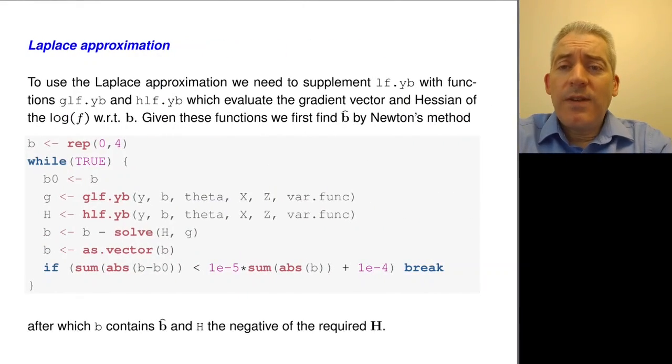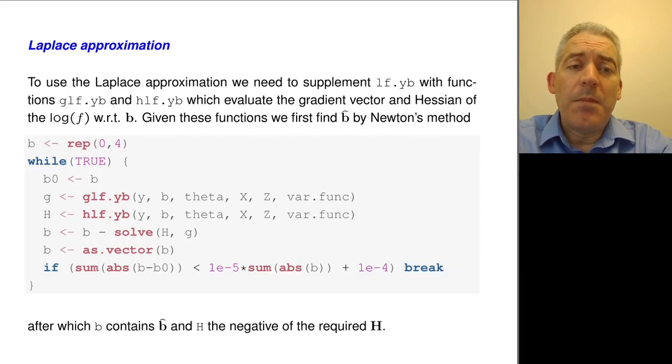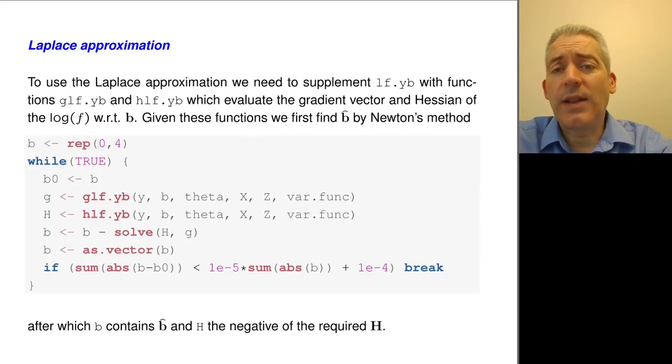All right, so leaving quadrature, the other thing we said, especially as the dimension increases, is that we might want to get some analytical approximation to the marginal likelihood that we're interested in. For that, we saw that we could use the Laplace approximation. For the Laplace approximation, it's not enough to simply have a function for evaluating the joint likelihood.